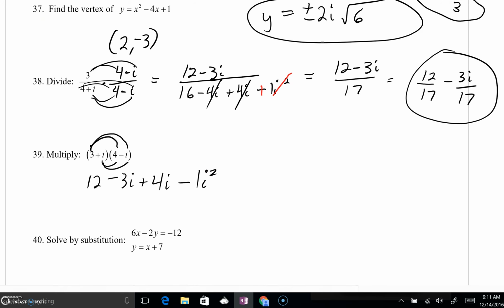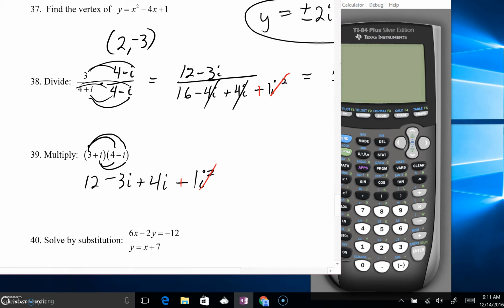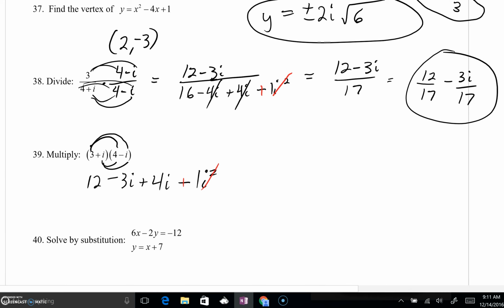So again, we're just going to take our i squared, cancel it out, and change the sign of that number. That's effectively what multiplying by -1 will always do. So, combine your like terms. 12 and 1 add up to 13. -3i plus 4i would add up to 1i, or you could just write an i, and you're done.